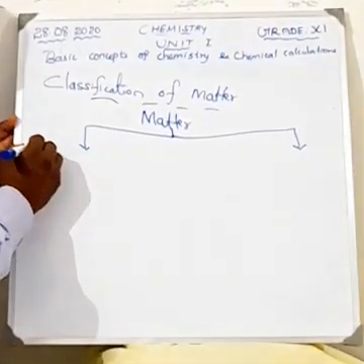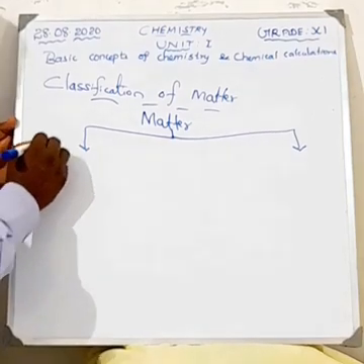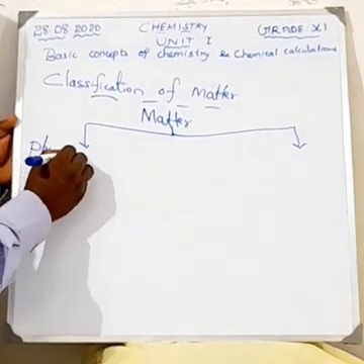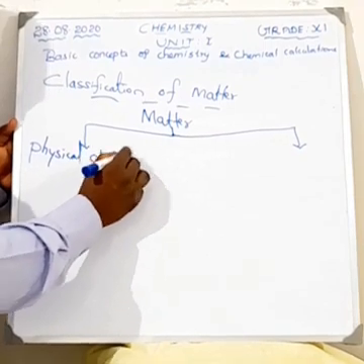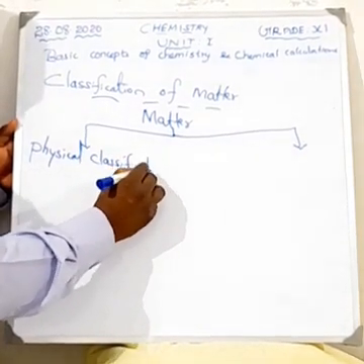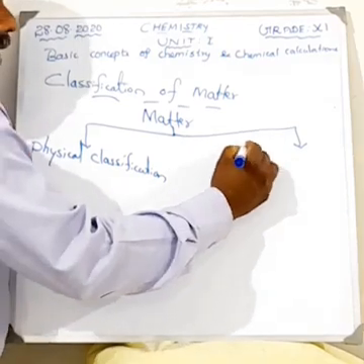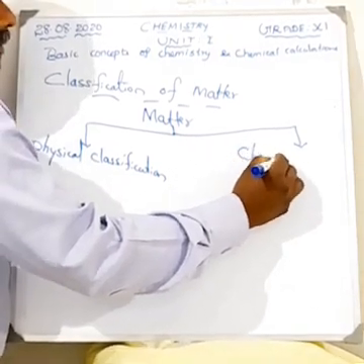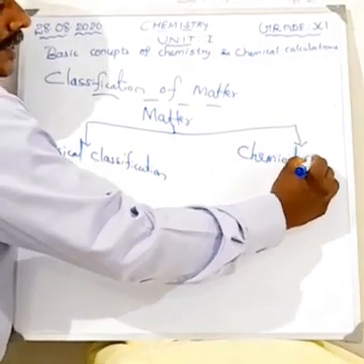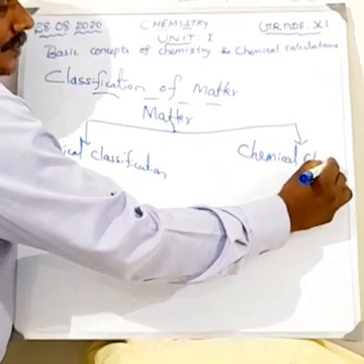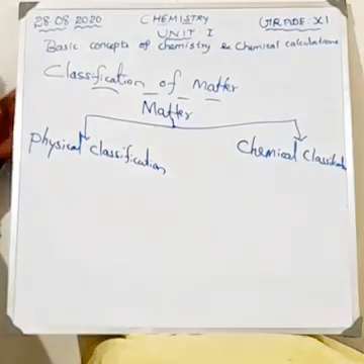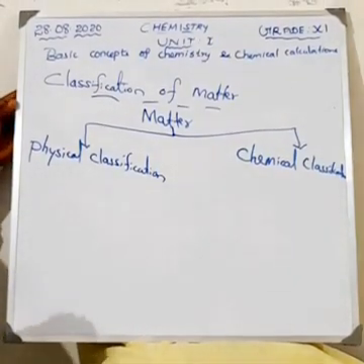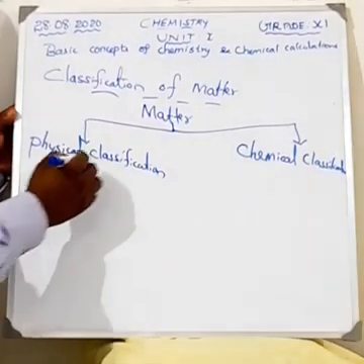Two types. One is physical classification. The second one is chemical classification.